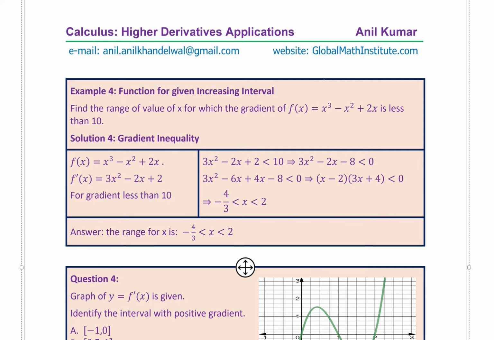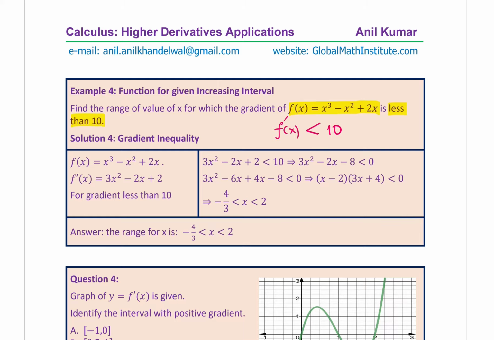So the function given to you is f of x equals x cubed minus x squared plus 2x, and the gradient should be less than 10. So in this particular case, we want the derivative of the function to be less than 10. Is that clear to you? So that is what you have to figure out. So it is solving inequalities in a way for the gradient. You can actually pause the video, answer this question, and then check with my solution, right?